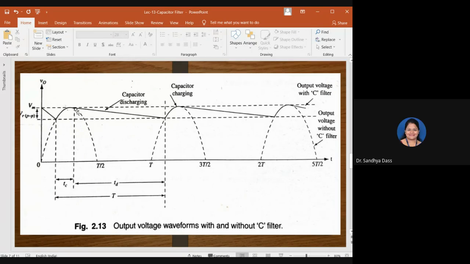Now observe here. Say at this point, the voltage across the capacitor has reached this value.